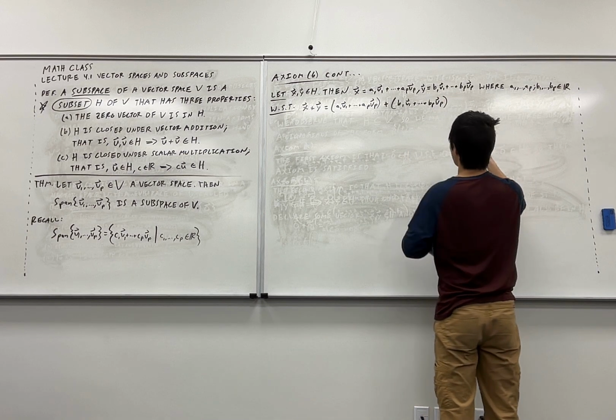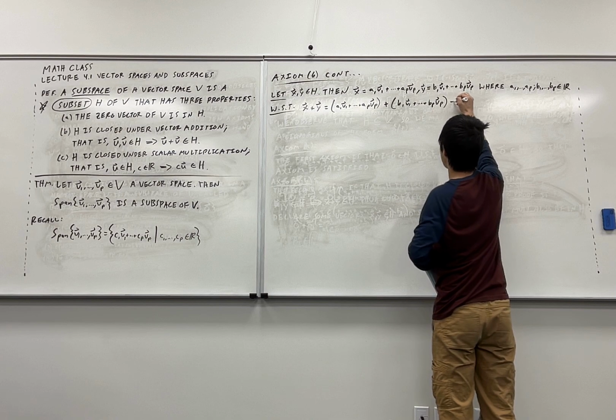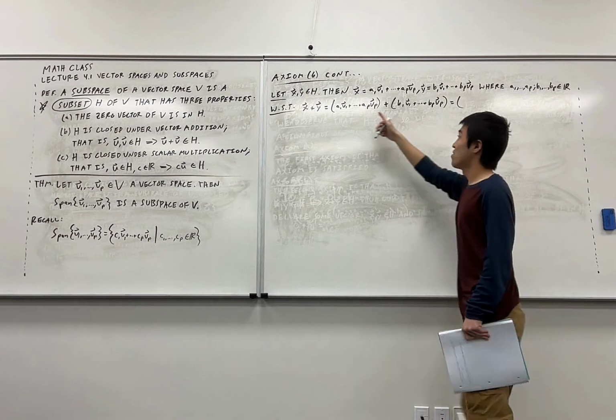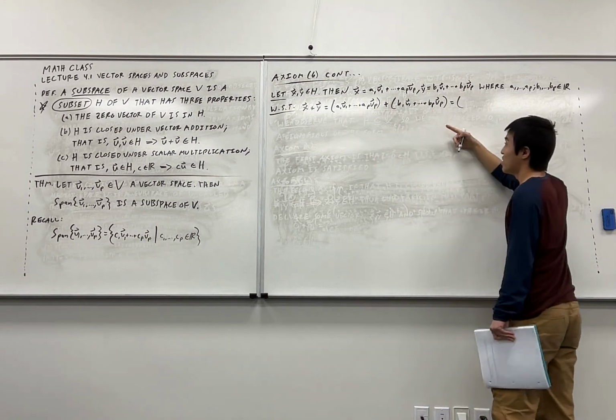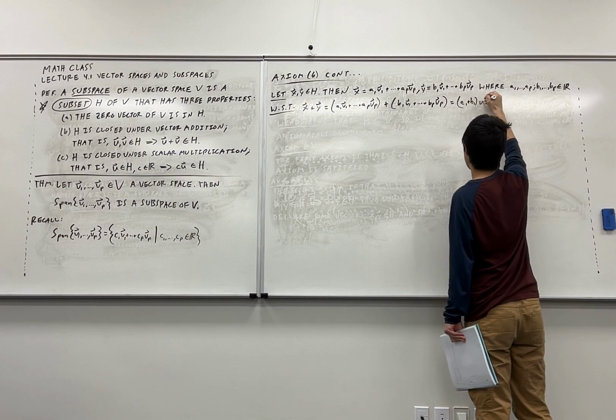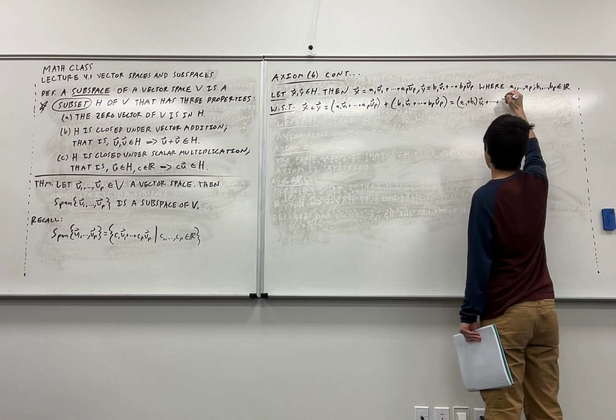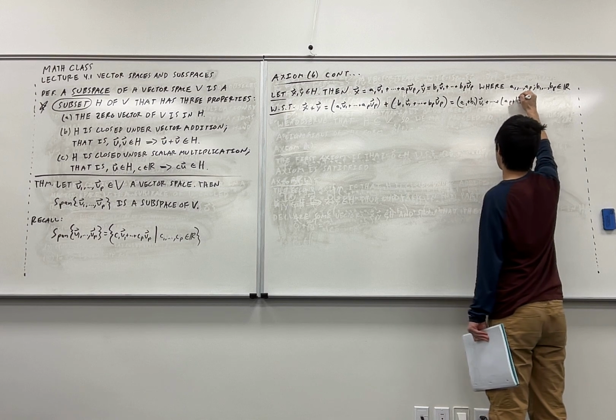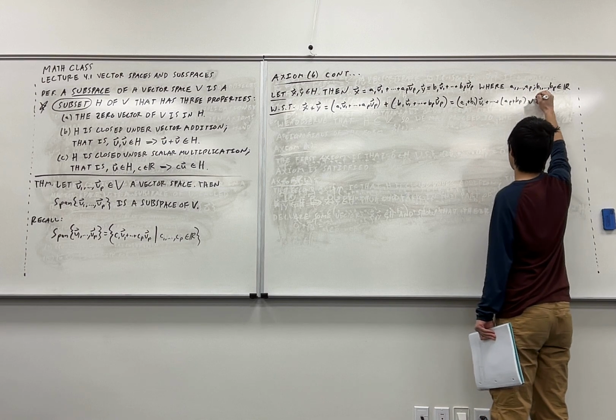Now, we can rearrange this and combine like terms. A1 V1 plus B1 V1 is going to be A1 plus B1 times V1. And that's going to go all the way down to AP plus BP times VP.